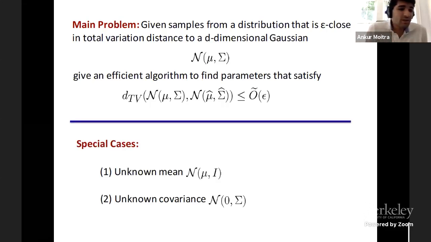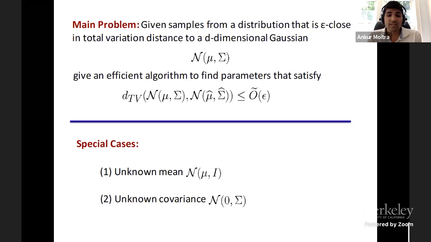And now let me introduce just a little bit more nomenclature, because I'm going to dig into some of these problems and tell you what's known. So I could make your life easier in this problem and work with one of the following two special cases. One special case is I could promise you that the unknown covariance sigma is actually the identity. So it's a spherical Gaussian, and you just want to estimate the center of that Gaussian.